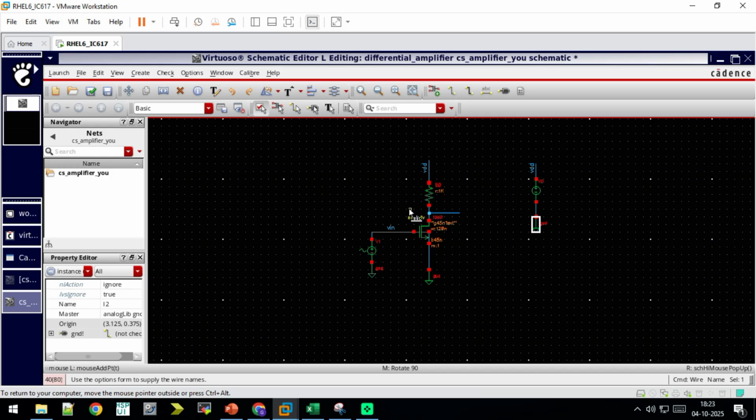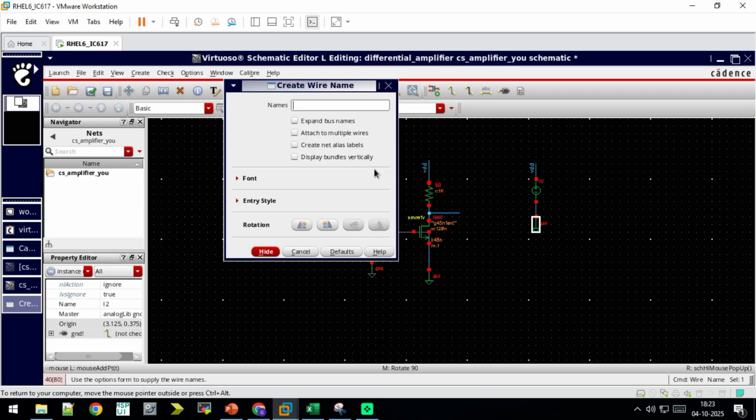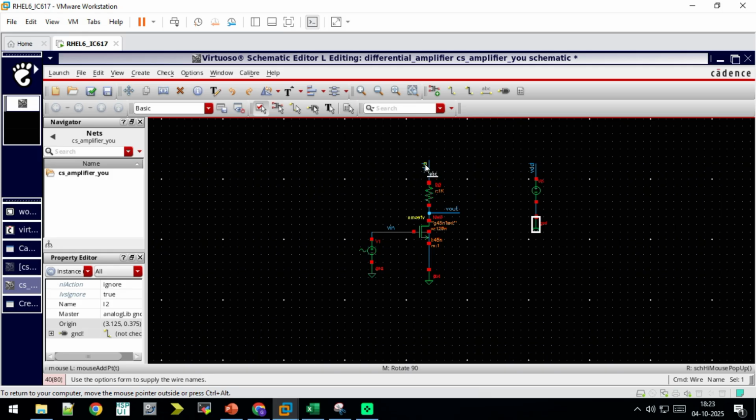So let me give the label names for each and every port. This is my input port, and let me give the label name for the output, and VDD. So from the DC voltage source VDD is generated, and that same VDD will be supplied over here.